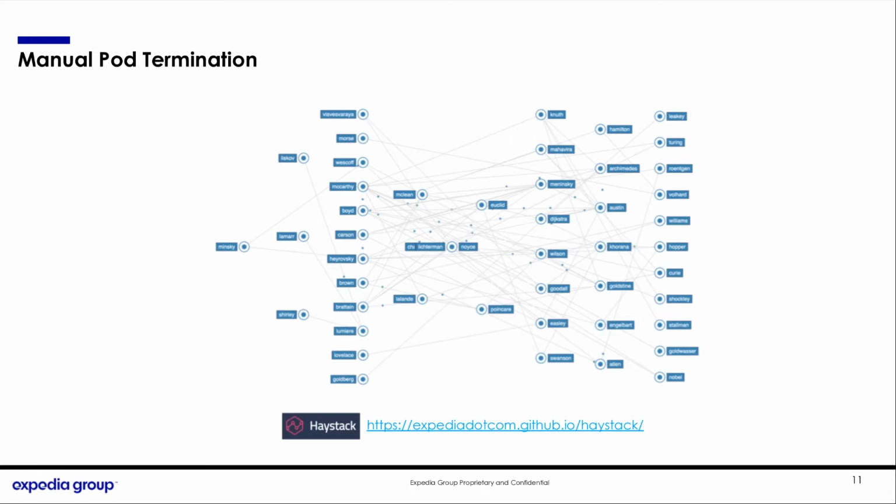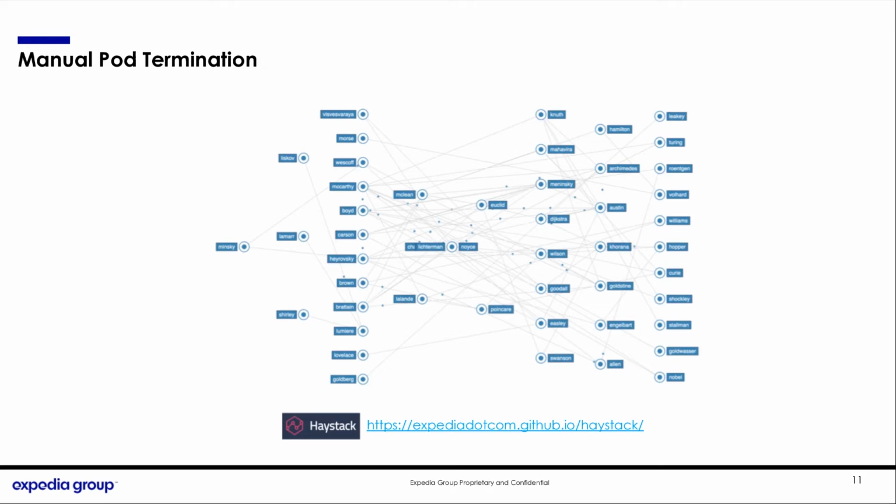So this is a picture of a service graph of a small subset of systems at Expedia. Actually, of one of the brands that we have, in this case hotels.com. Our legal team made us change the names of all of the services displayed here. But other than that, this was a real experiment that we ran.